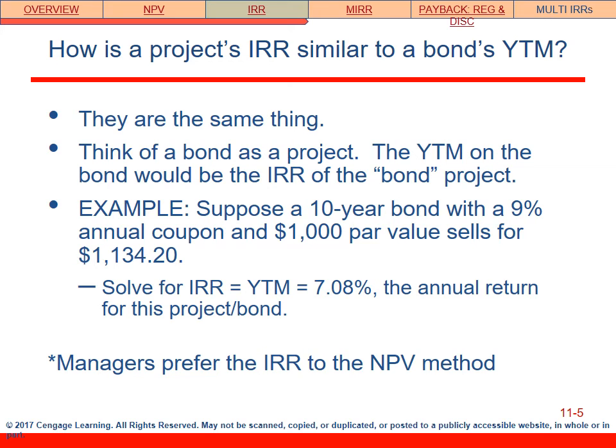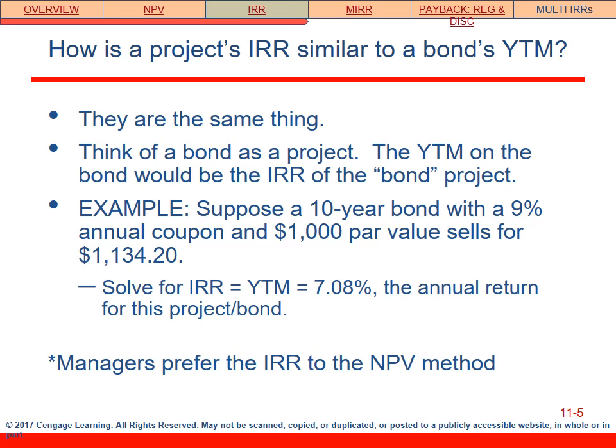Internal rate of return and net present value are the better methods because they consider time value of money and they consider all of a project's cash flows. And there's also a link between the technique and value of a firm. But of the two, when you compare internal rate of return and net present value head to head, net present value is the better method. It will never lead you to a wrong decision.